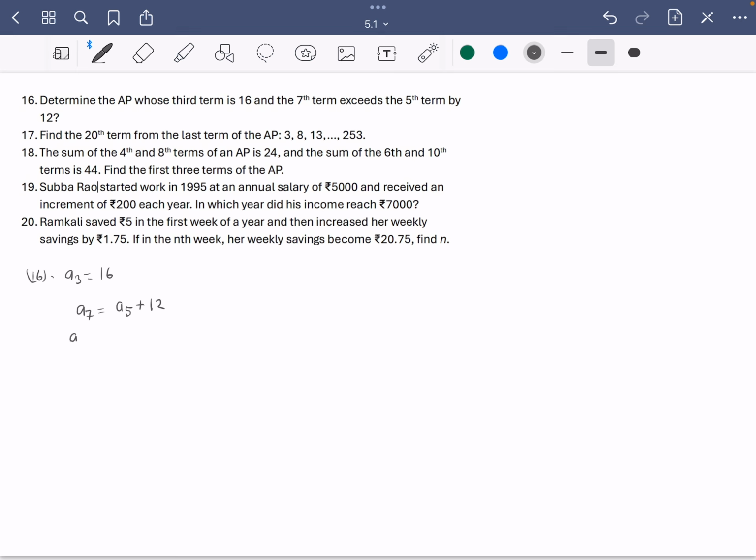a7 is going to be a plus 7 minus 1 times d, 6d. a5 is a plus 5 minus 1, 4d, plus 12. The a's cancel each other out. 6d minus 4d is going to be 12. 2d is going to be 12. d is going to be 6.